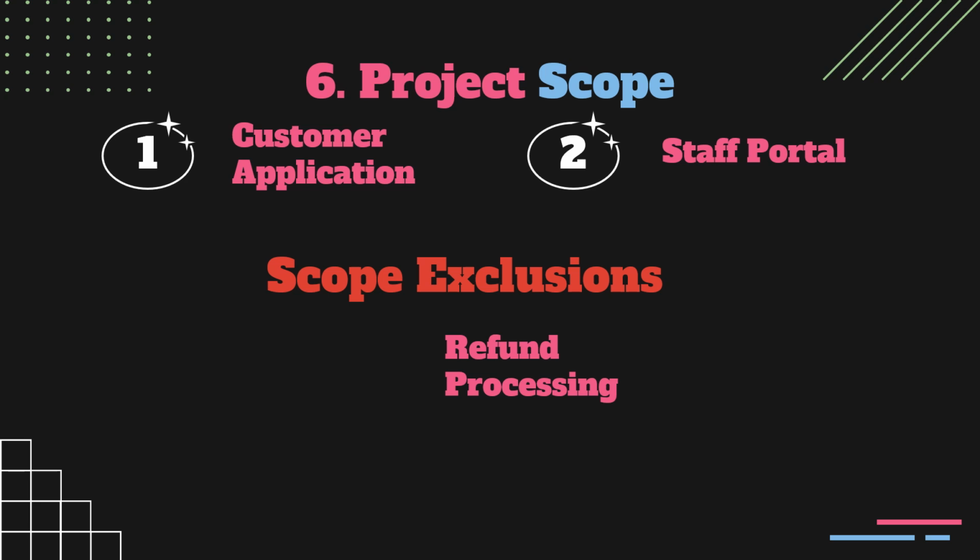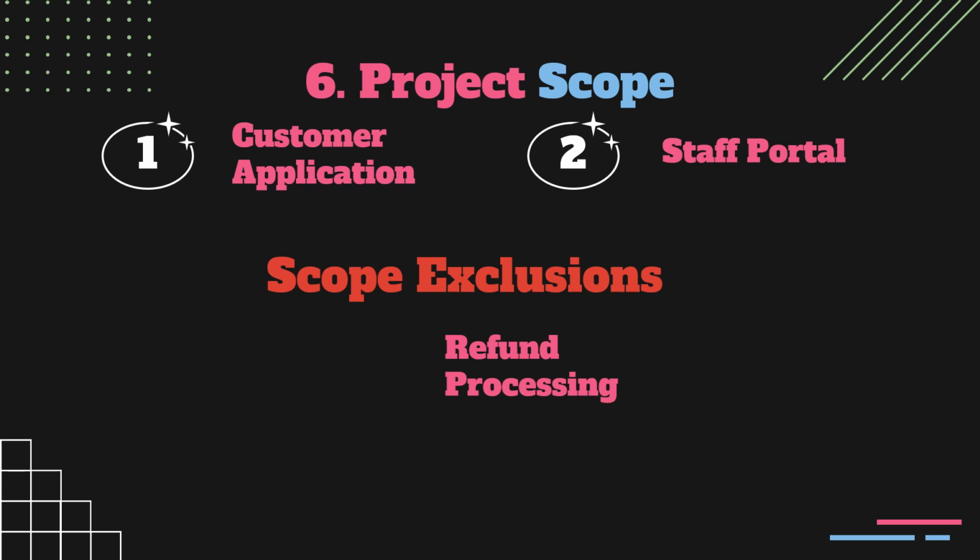Section 6, Project Scope. Outlining the project scope is crucial: what the company will include and exclude from the project's goals. In other words, by outlining this, you can prevent scope creep in the future. In our case study, the project scope would call for the delivery of 2 important things.